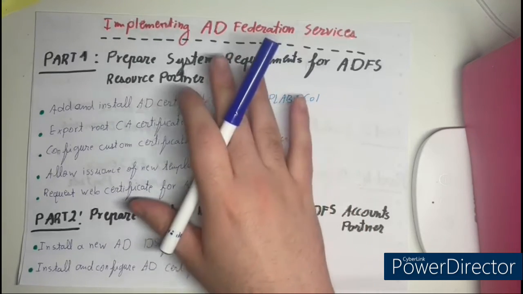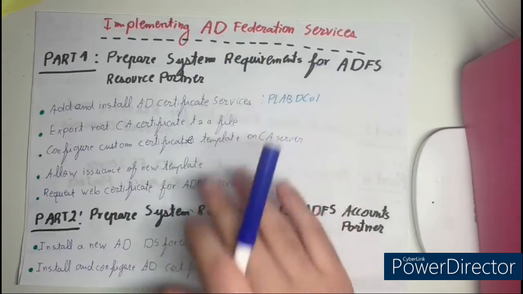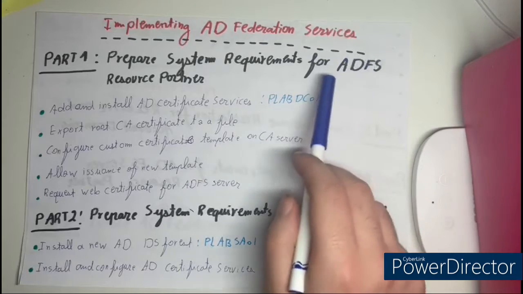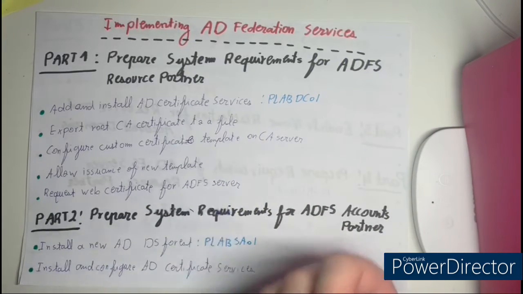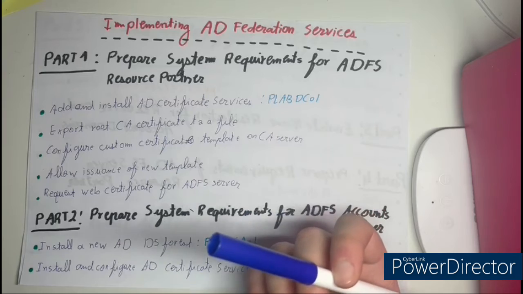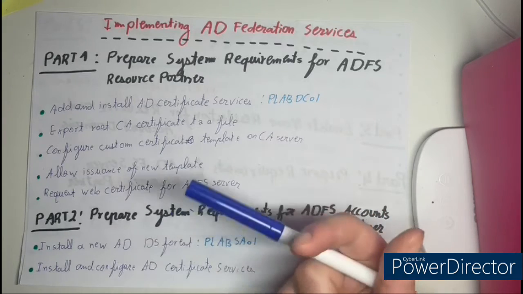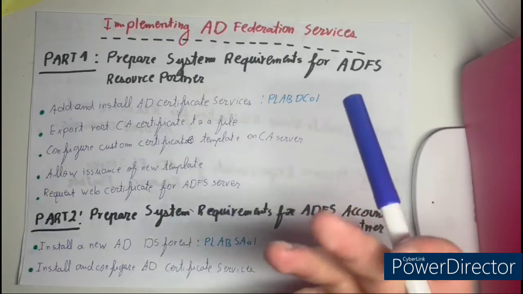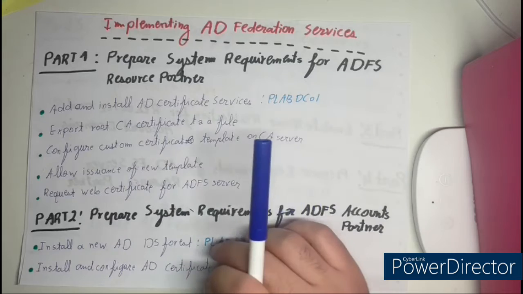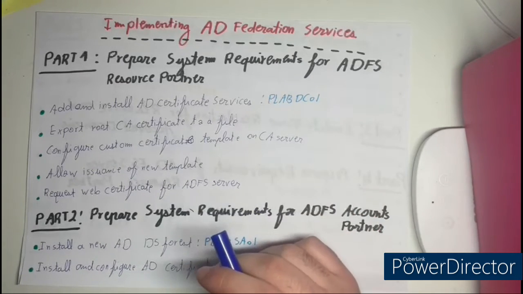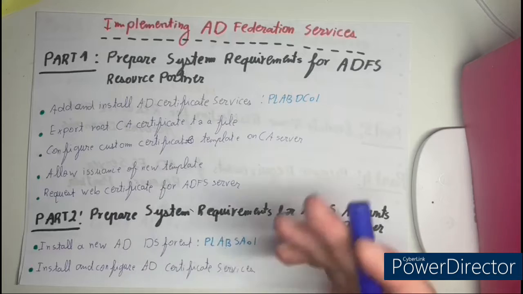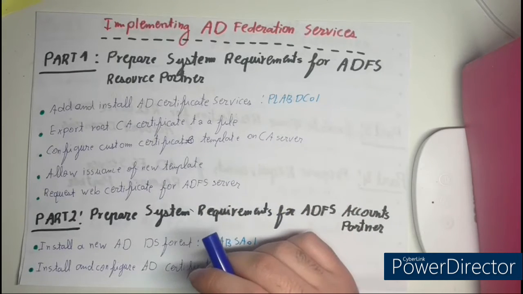For the first part, we'll be preparing the system requirements for the ADFS resource partner. The administration of network resources such as files, folders, printers, or network applications can be managed by setting up access control lists, the ACLs, for users and groups in an Active Directory domain.